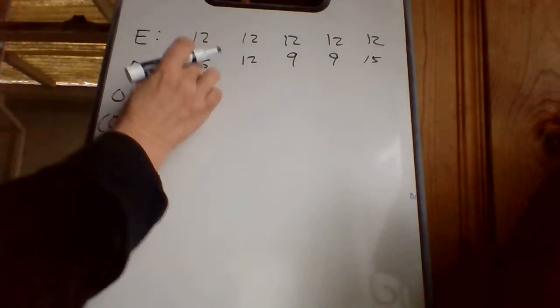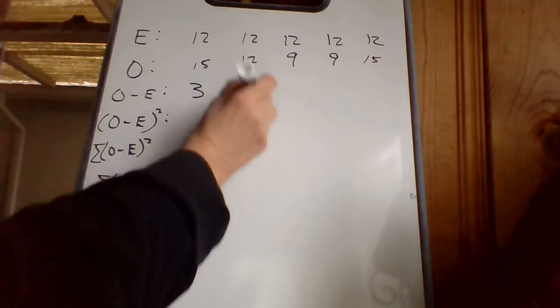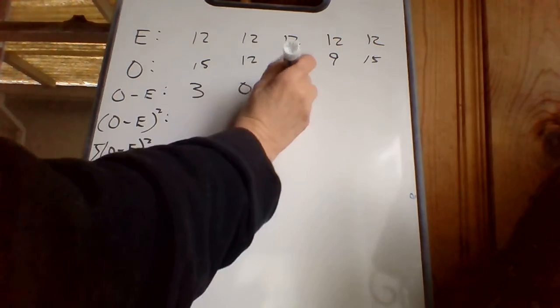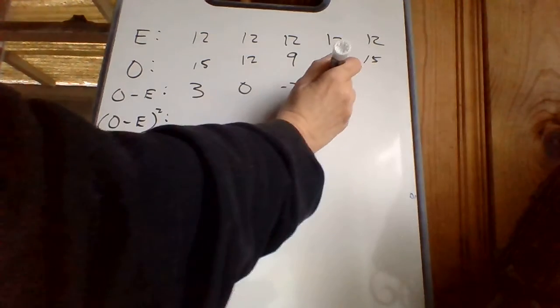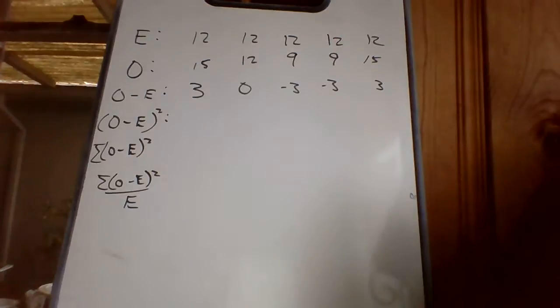Observed minus expected: 15 minus 12, 12 minus 12, 9 minus 12, 9 minus 12, 15 minus 12. And this looks a little like that standard deviation formula. I end up doing a lot of the same stuff.